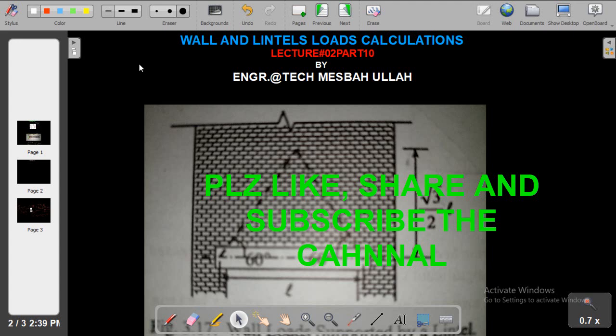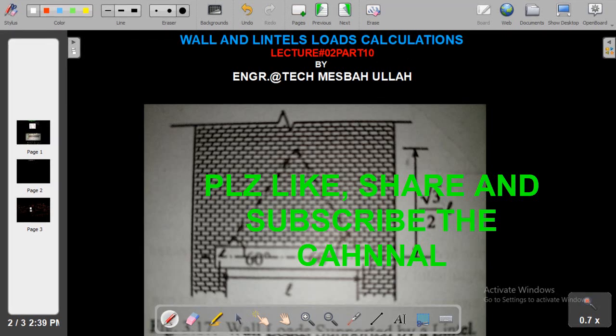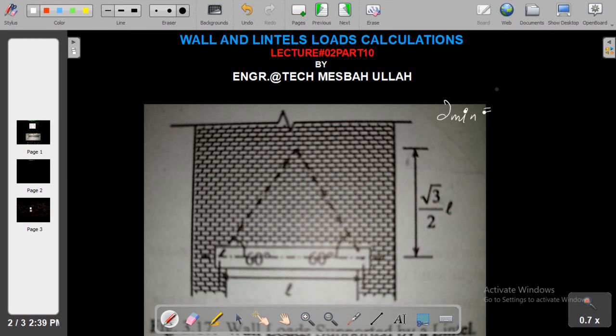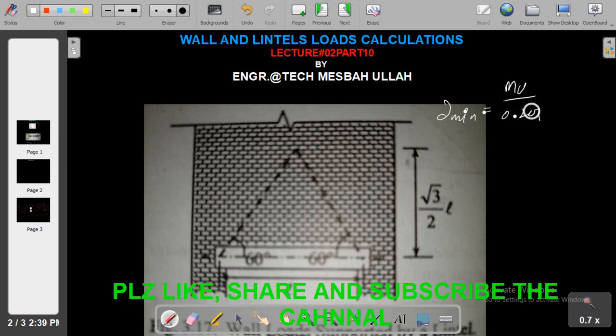Students, make a correction for the previous lecture, that was the derivation of the effective depth equation, which is d minimum equals the square root of Mu divided by 0.205 fc prime into b.